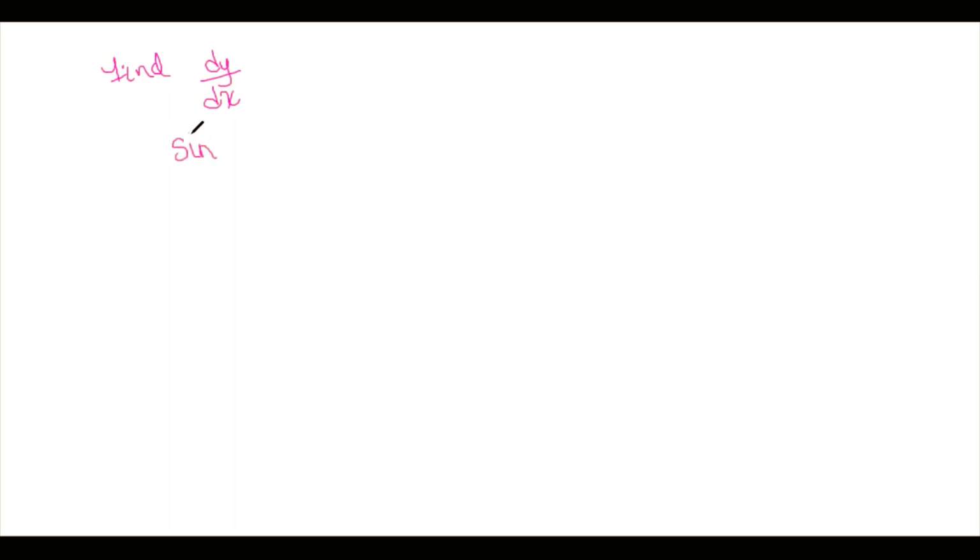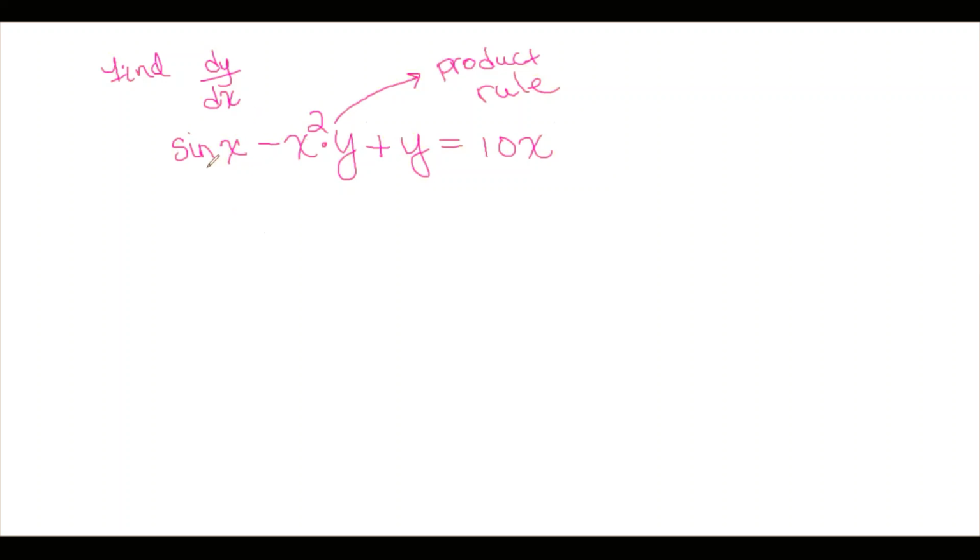So sine x minus x squared y plus y is equal to 10x. Big deal here, you've got to know this. You're timesing, so you're going to use the product rule. So you take the derivative with respect to x of the first one.